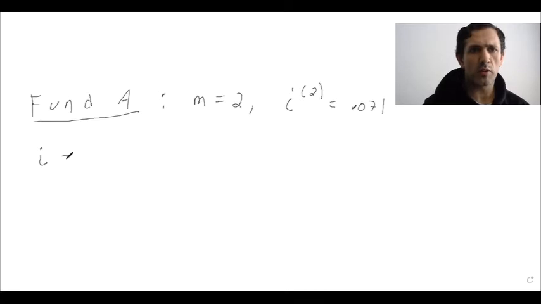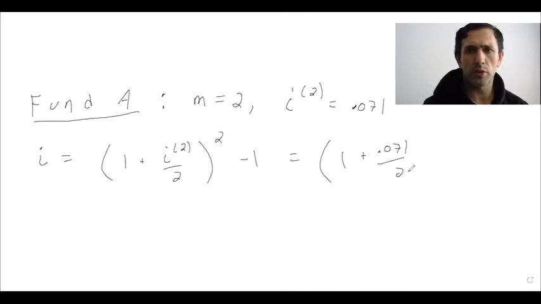So the equivalent effective annual interest rate corresponding to nominal semi-annual interest of 0.071 is just, well, dump into your formula: 1 plus 0.071 over 2, whole thing raised to the power 2, minus 1, and you get 0.07226.